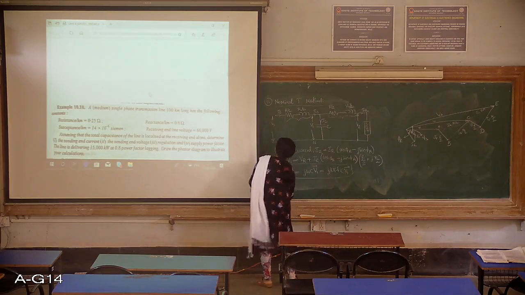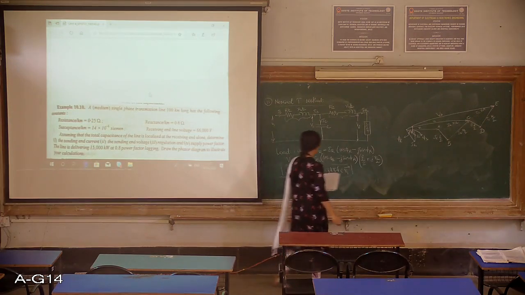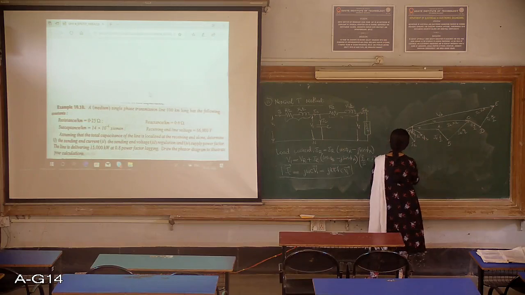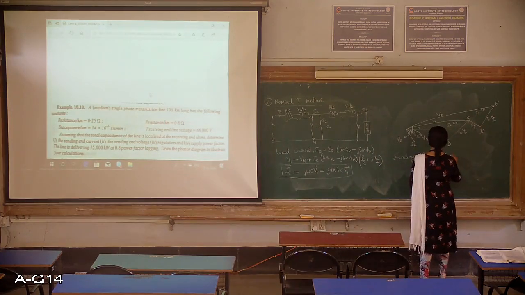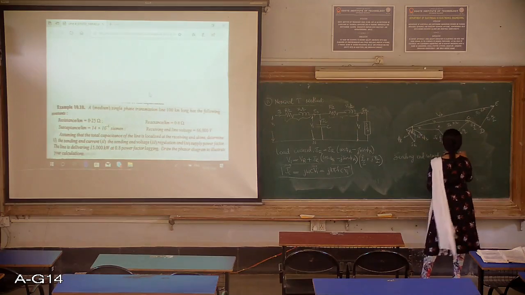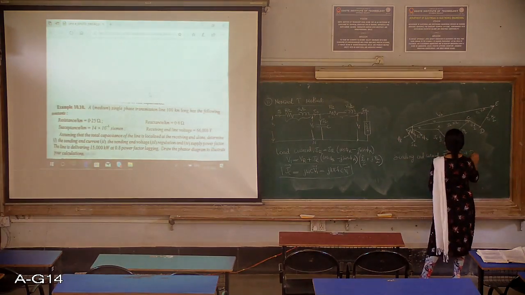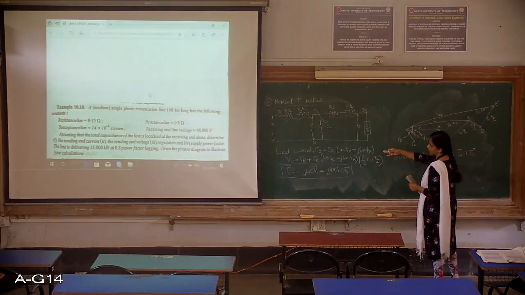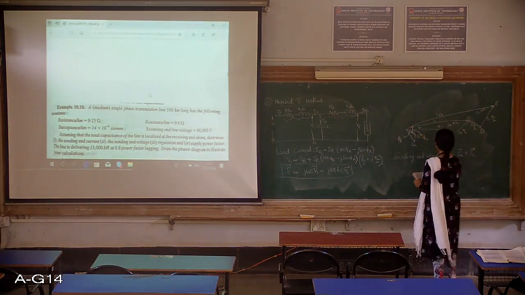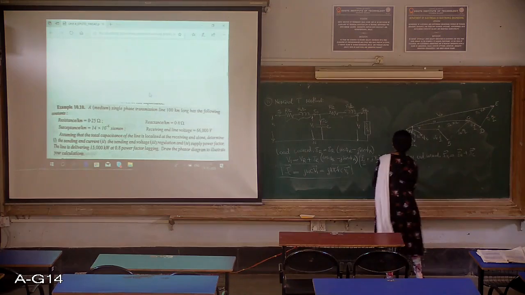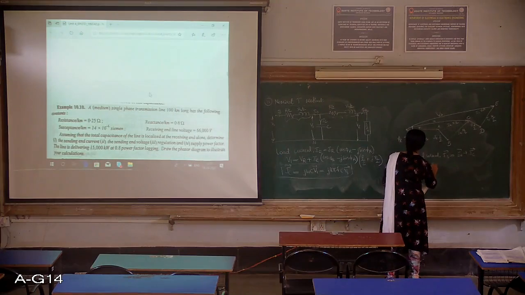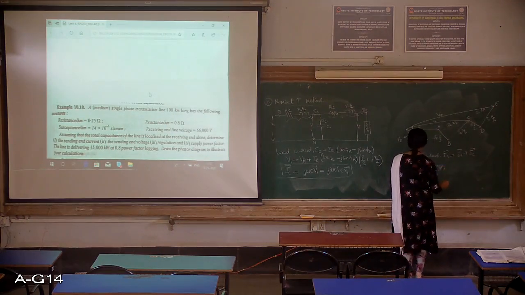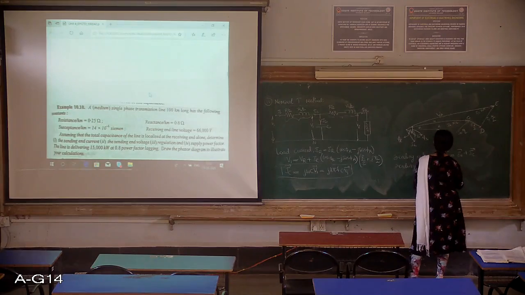Then sending end current IS: IS is equal to IR plus IC. So you have the expression for IR, you have the expression for IC. IS is IR plus IC, and then sending end voltage Vs will be what?